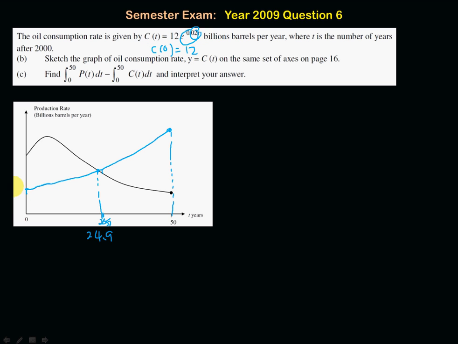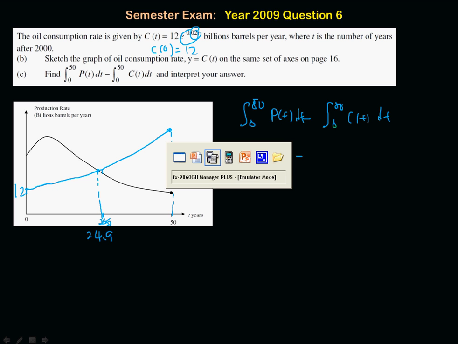Lastly, to find this and interpret your answer, we are being asked to find the integral from 0 to 50 of production minus consumption. Remember, C(t) is consumption. We have calculated the production integral as roughly 928, and to do this part, we use a calculator again.